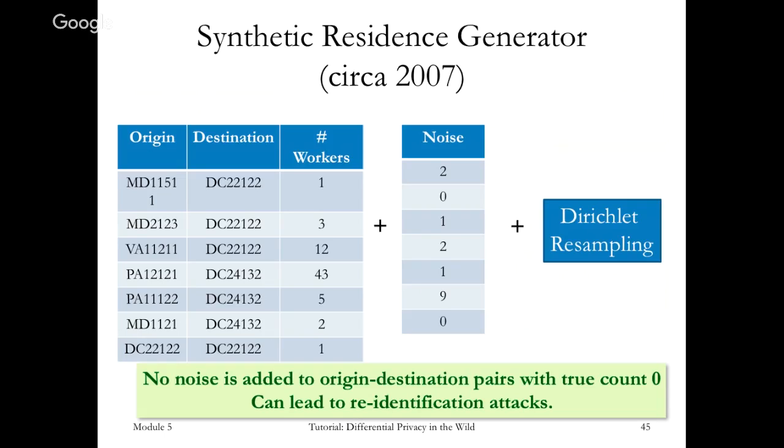Right? So remember those deterministic algorithms that Michael showed, where you could have some probability of going from one input to one output become 0, and that violates differential privacy. So those kinds of situations can also lead to re-identification attacks. Right? So therefore, this existing algorithm does not provably guarantee privacy of any form.